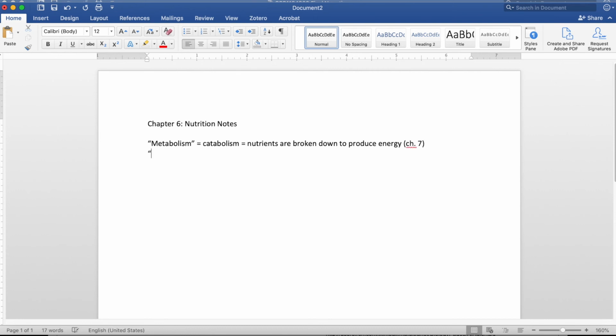And this is as opposed to this term we've used, growth. In this case, we're talking about anabolic reactions or anabolism, which is biosynthesis, building using macromolecules to build cellular components.